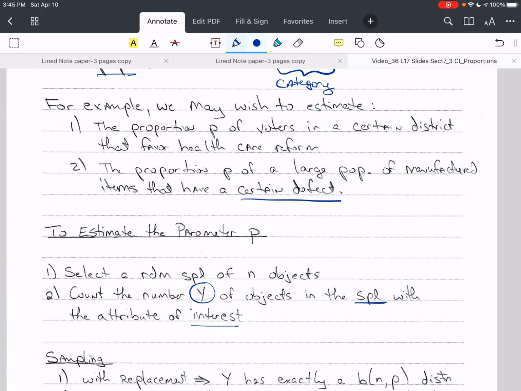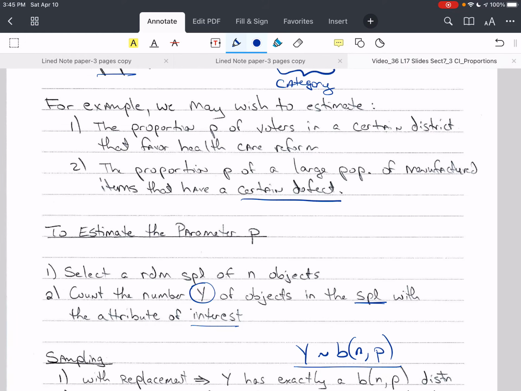Sampling with replacement means that each observation is completely independent. And so y has exactly a binomial distribution with sample size n, and P is the proportion of the population that has the attribute of interest, which we don't know. And so it's exactly a binomial distribution.